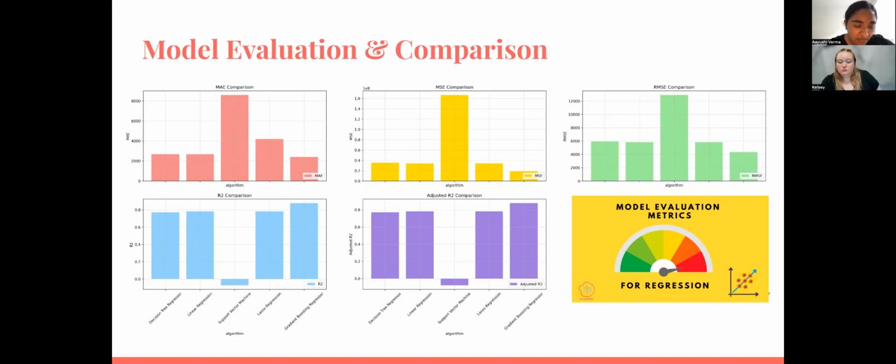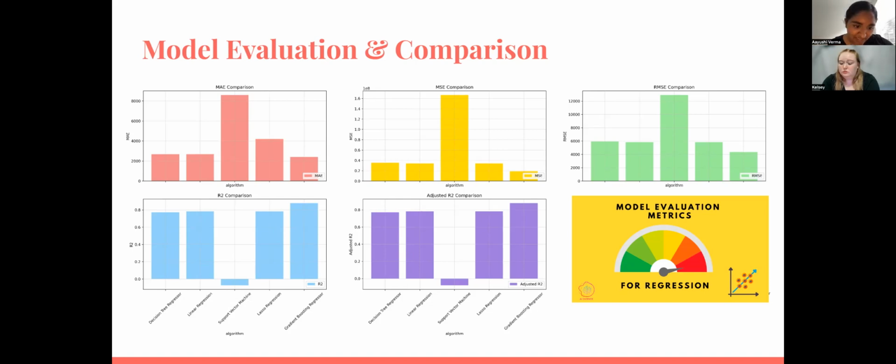So we find that the decision tree regressor, the linear regression, lasso regression, and the gradient boosting regressor, they all range between 0 and 0.89, which kind of tells you how much the model is taking into account the other features in order to generate its predictions.